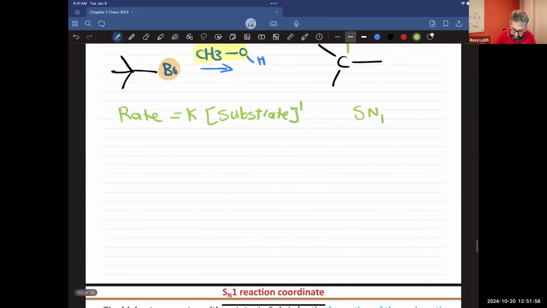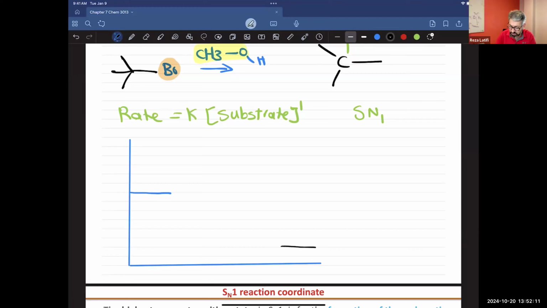Okay, let's draw the graph. Let's say we started from somewhere here, and we got the product somewhere there. First step, we went through a barrier, and we got an intermediate.